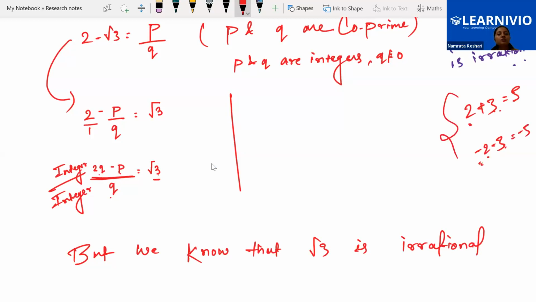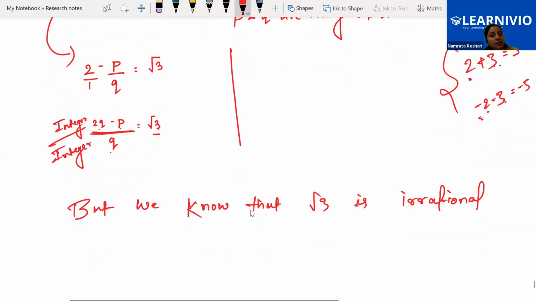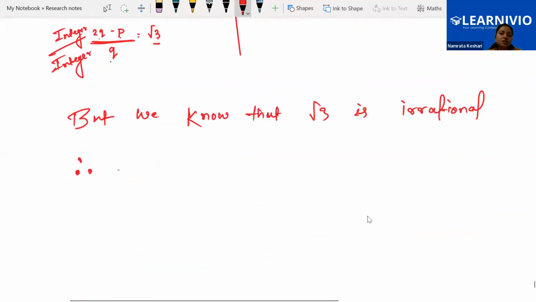So when you take integers and do addition or subtraction, the result will be an integer only. Multiplication also, the result will be an integer only. That's why we are saying root 3 is equal to integer by integer. But we know that root 3 is irrational. Therefore, our assumption is incorrect.